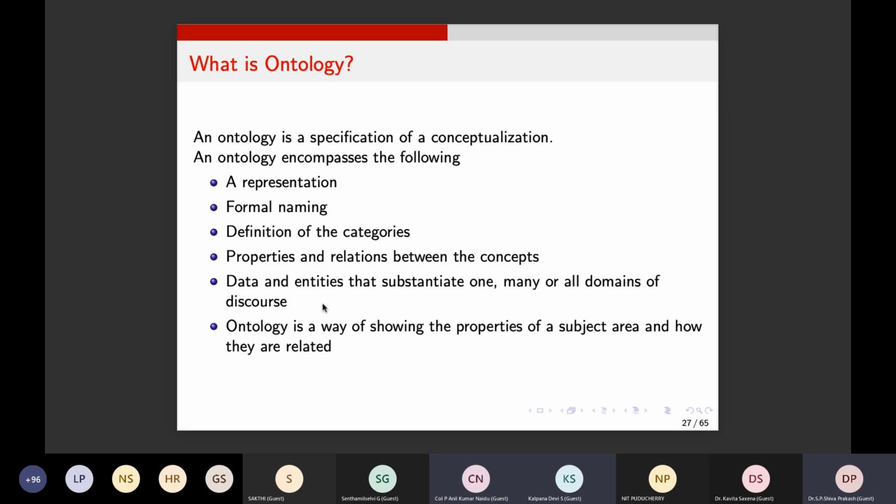In the simplest way, I can say that it is similar to an ER diagram that we use for a database management system, where we try to identify the set of attributes, whether it is atomic or composite, the type of attribute it has, and also the relationship between the entities.